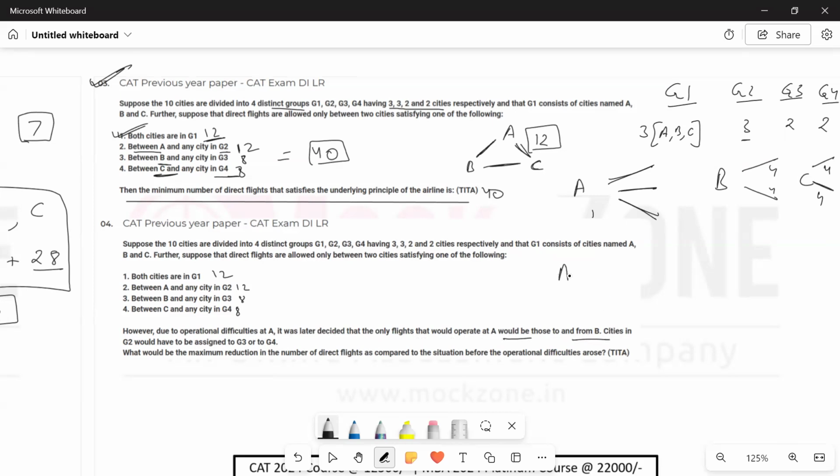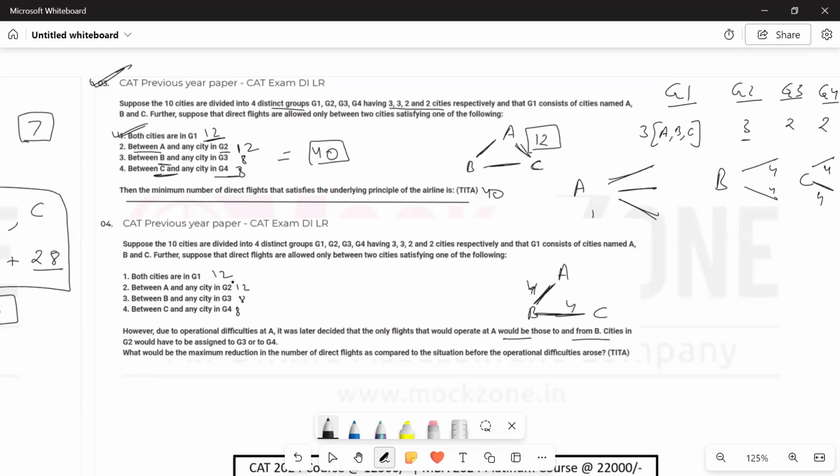So we had A, B, C earlier. The only flights operating at A would be the ones to and from B. So BC stays the same, but CA is not connected, because flights from A are only connected with the flights from B. So this is 4 and 4.